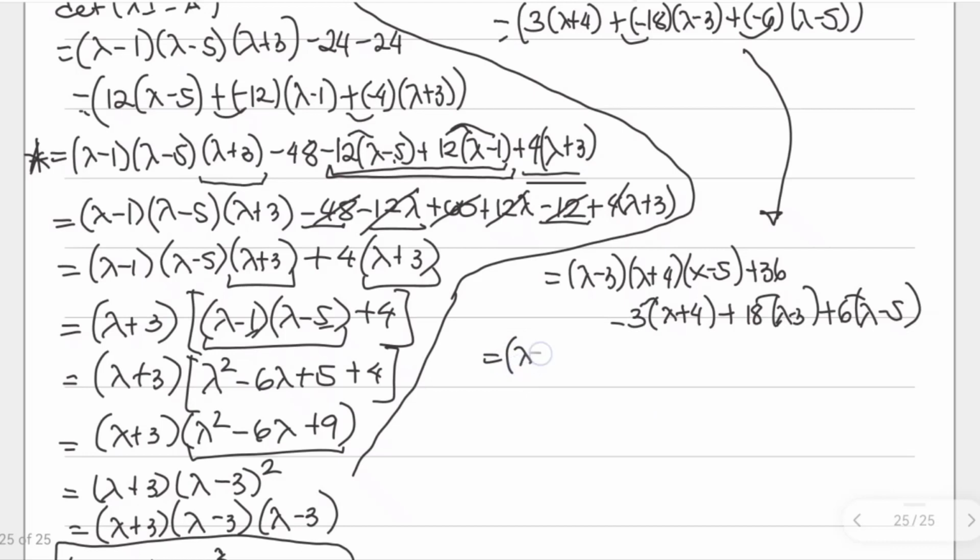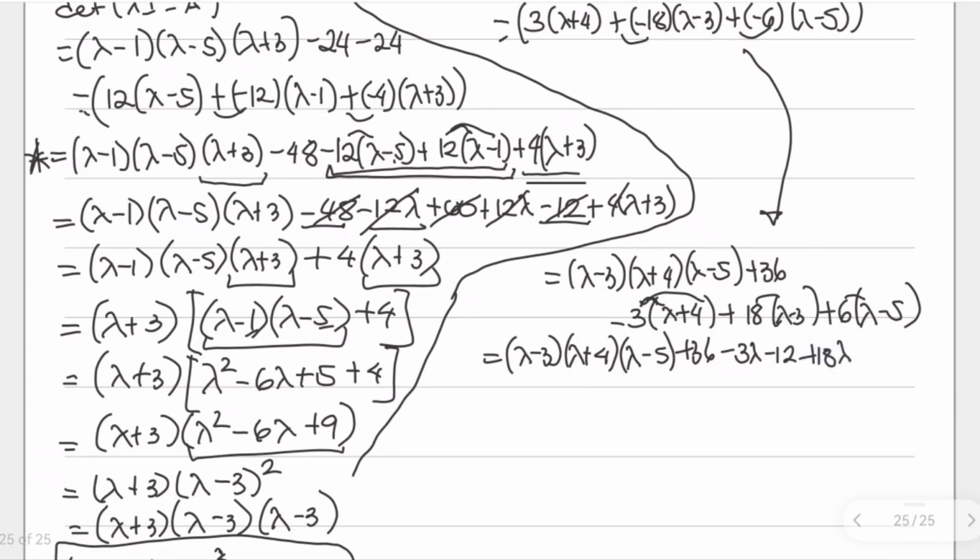So this is lambda minus 3, lambda plus 4, lambda, sorry, again, my bad. This is lambda, not x. Lambda minus 5 plus 36. When you multiply that, take note of the distributive property. Minus 3 lambda minus 12. Here, you will have 18 times lambda, so you will have plus 18 lambda.